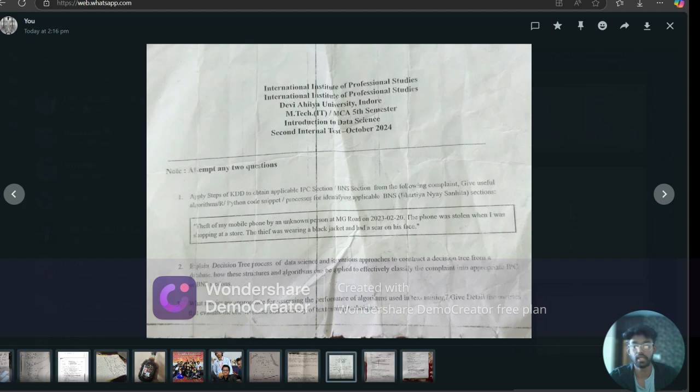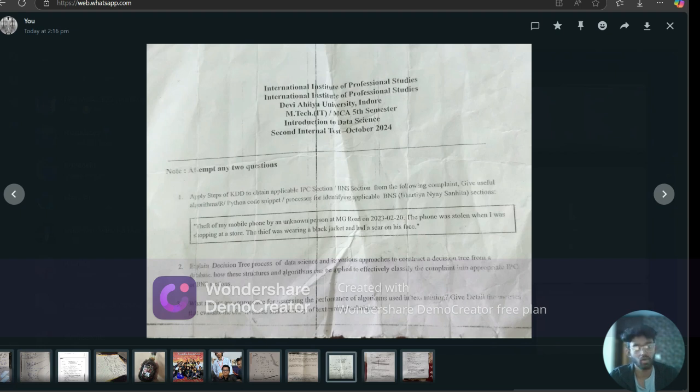C4.5, an extension of ID3 that supports both classification and regression tasks and uses a more efficient splitting criterion. Fourth is random forest, an ensemble learning method that combines multiple decision trees to improve the accuracy and robustness of predictions.